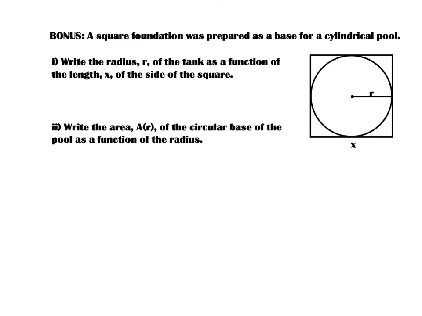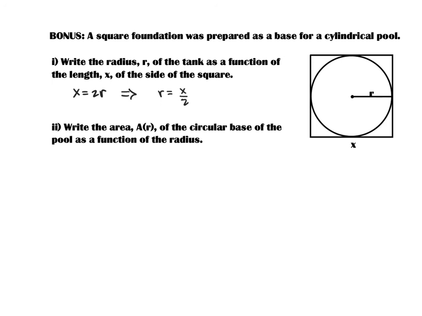Notice we've got a square, and the radius is half the distance across the pool, or half the diameter. And the diameter would be the same as the side length of the concrete pad. Therefore, x equals 2r. Therefore, r as a function of x is r equals x over 2.